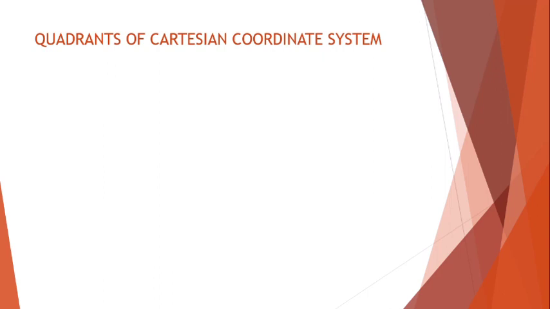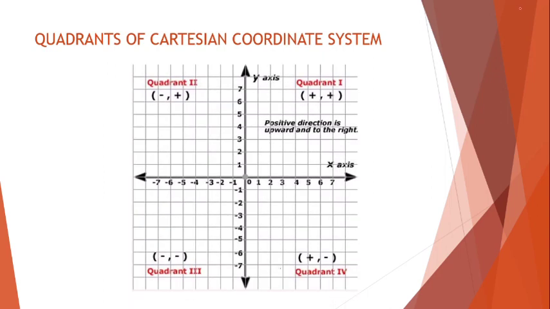Quadrants of the Cartesian coordinate system. Here, quadrant 1, positive direction. Let us read x, y. X is always first to y. This is your x-axis. So, x, y, both positive. In the next one, your x is negative, but your y is positive.